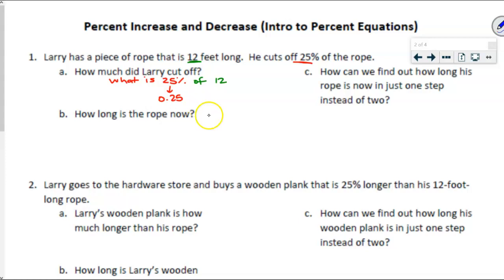Of means we're multiplying, and so we're multiplying by 12. And 0.25 times 12 is equal to the amount that he cut off. The amount he cut off is equal to 3.